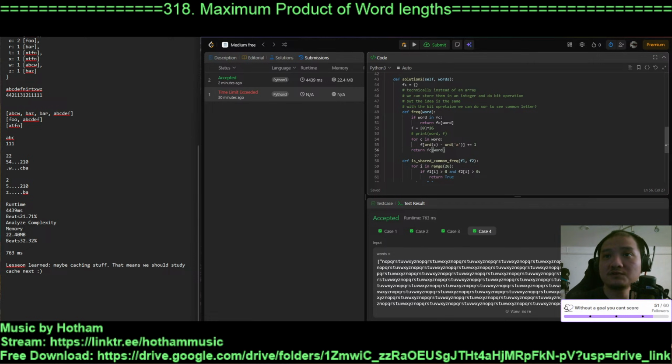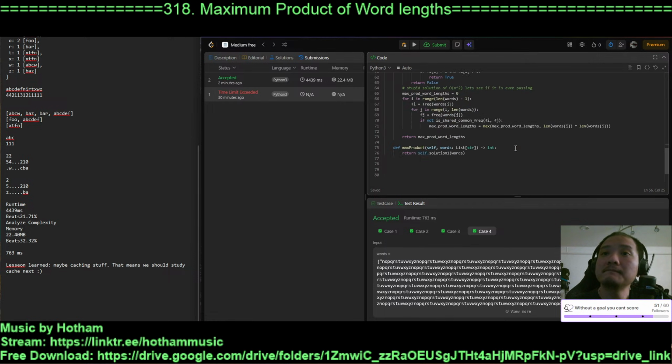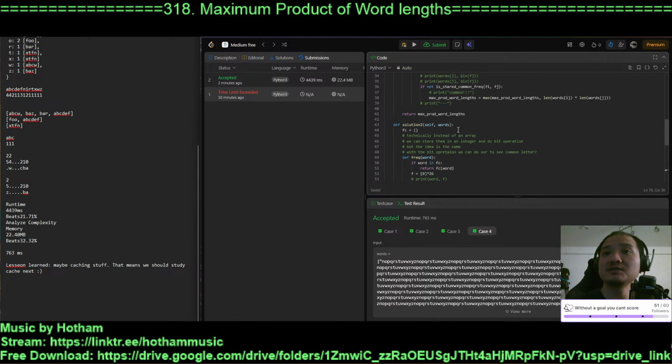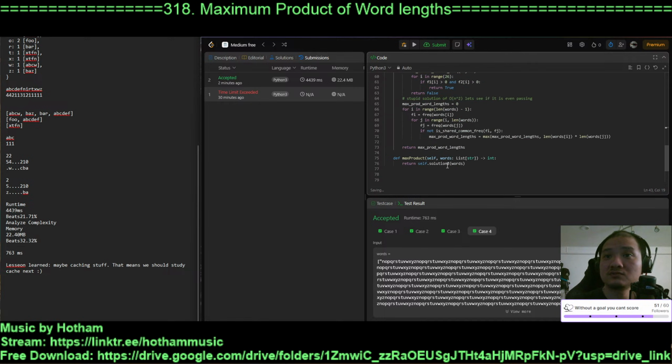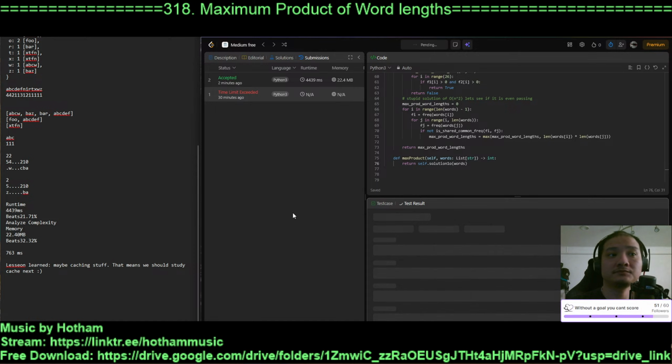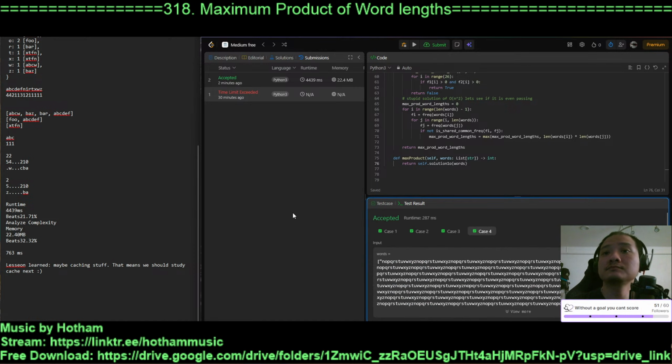Also return FC word, and here FC word equal F. So then if we do solution 2, will the runtime be crazy? Actually, this is just the original one, which is add cache. Yeah, it passed too.